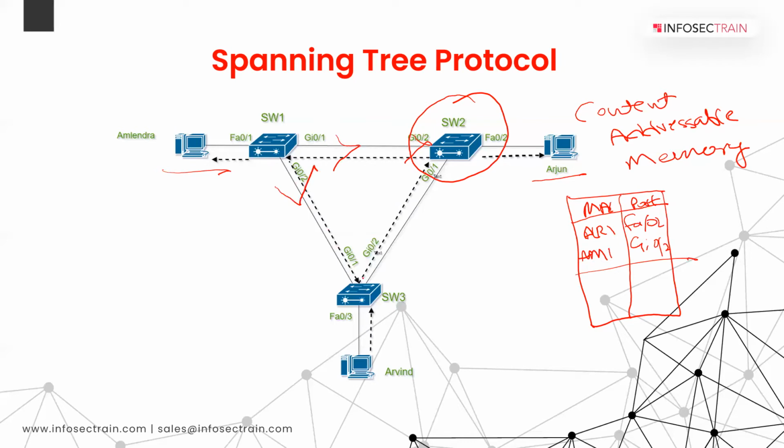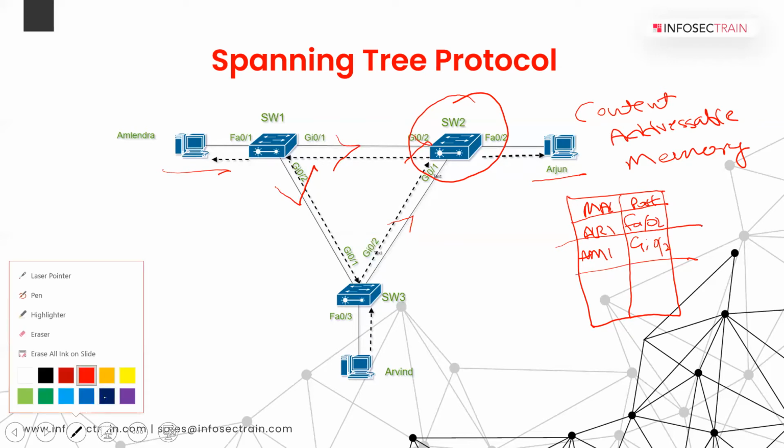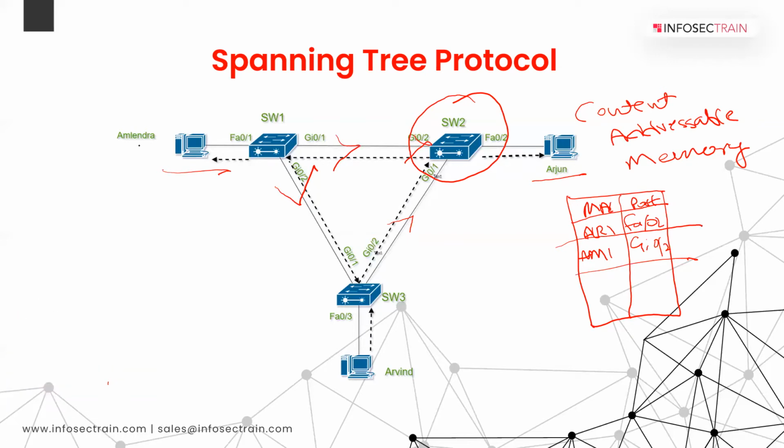When switch 3 gets that data, it will forward it towards switch 2. Now what will switch 2 do, guys? It will modify its CAM table and say, no, Mr. Amalendra is not connected to GI02. Mr. Amalendra is connected to GI01.